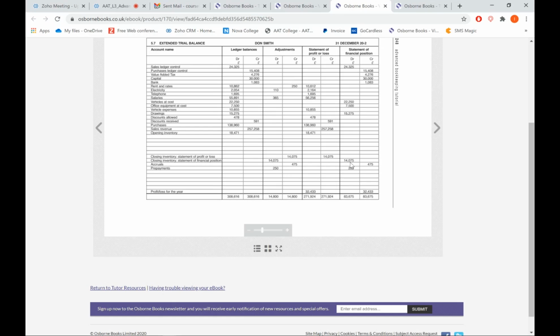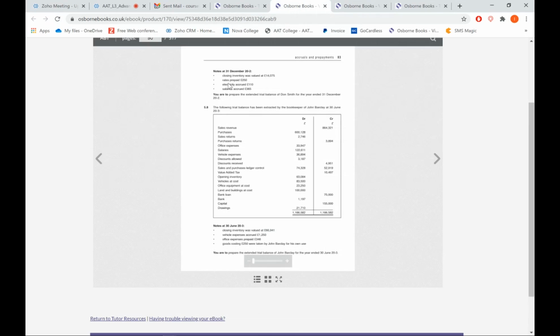Today, the new adjustment is about accrual and prepayment. Let's see. The adjustment is rates prepaid £250. Okay, on 31st December, end of the year, rates prepaid. So prepaid means we will have to credit rates and debit prepayment.